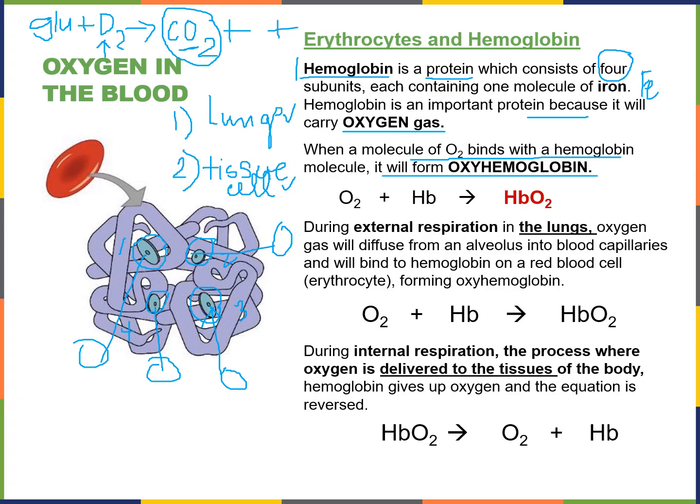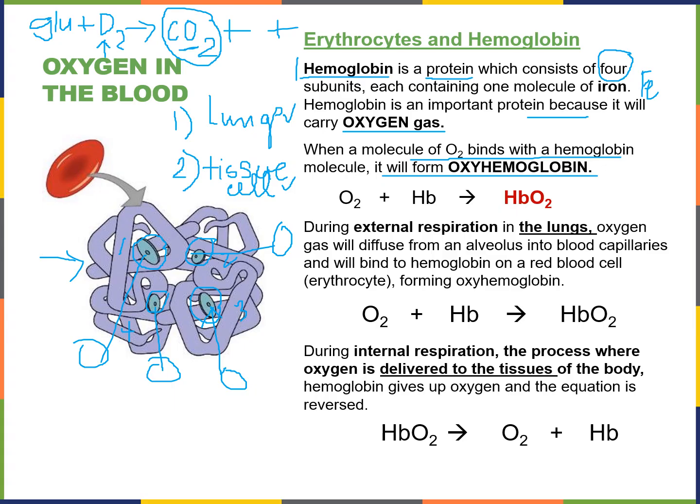So when hemoglobin does not have oxygen bound to the iron atom, that's what we call in the cardiovascular system deoxygenated blood. And when oxygen is bound to hemoglobin, that's what we call in the cardiovascular system oxygenated blood or oxygen-rich blood.